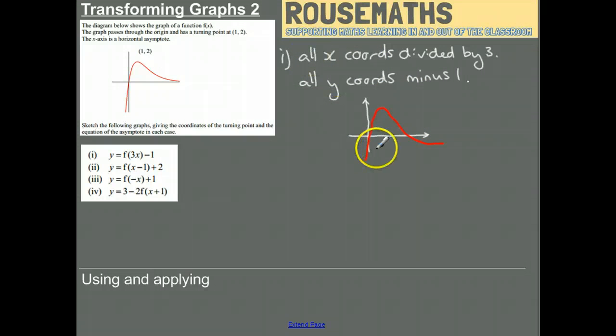So we'd end up with an asymptote at y equals -1 instead of y equals 0 as before, and the turning point, well, the x coordinate will be 1/3 and the y coordinate will be 1.